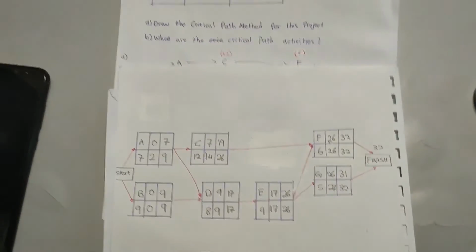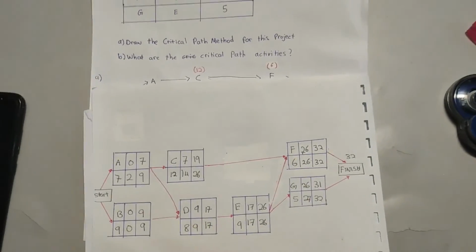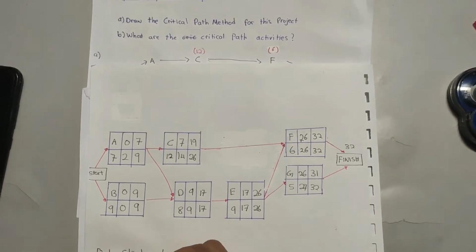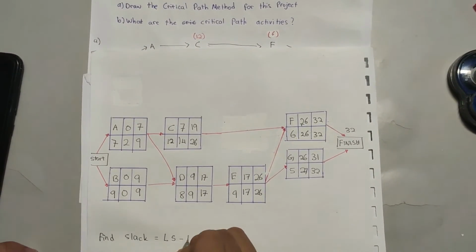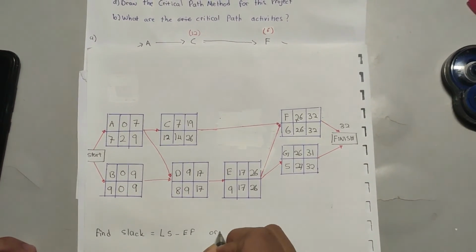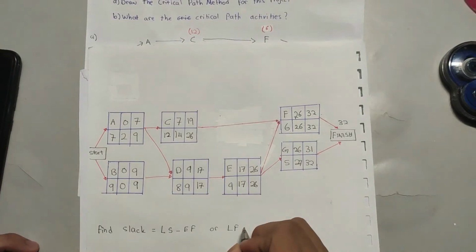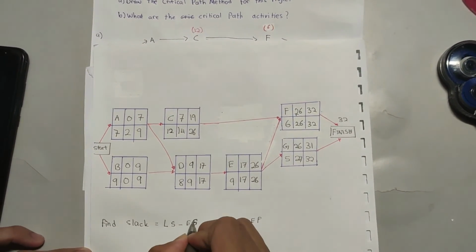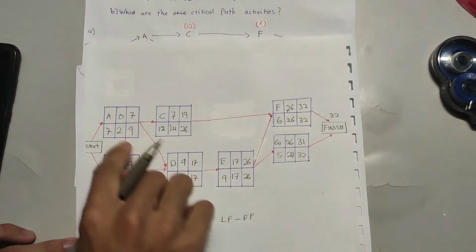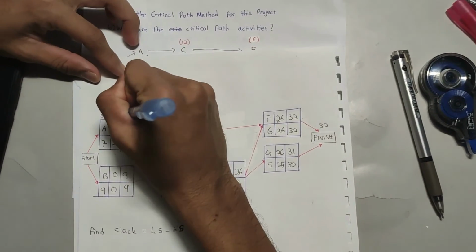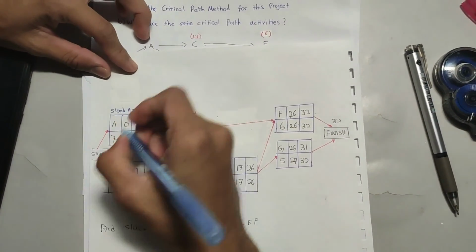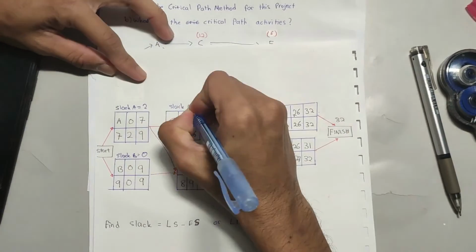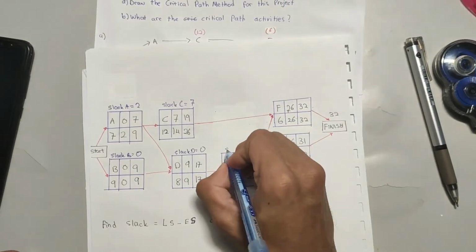Okay, now find the slack. Slack is LS minus ES, or LF minus EF. Oh, sorry, ES. Okay, for slack A, 9 minus 7 is 2. Slack B, 0. Slack C, 7. Slack D, 0. Slack E, 0.